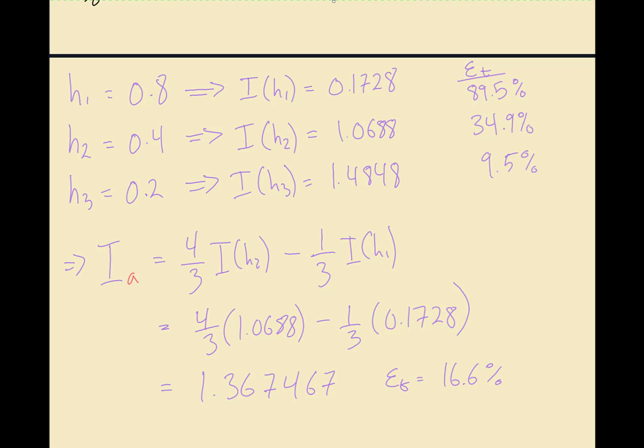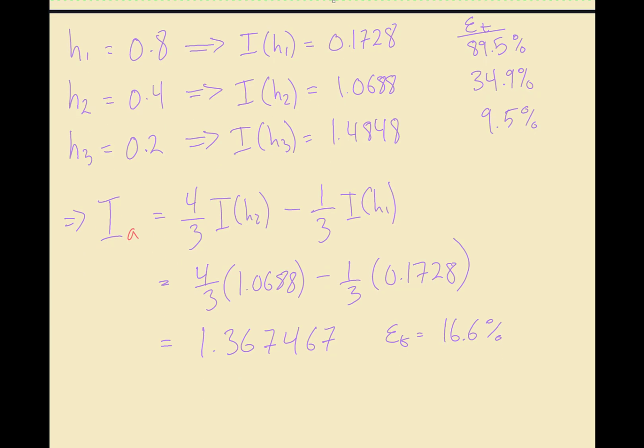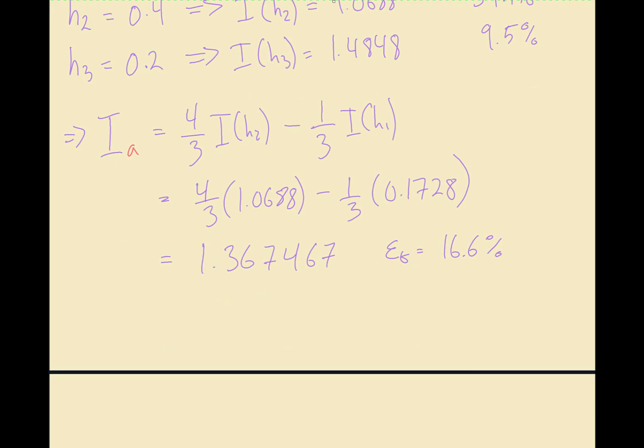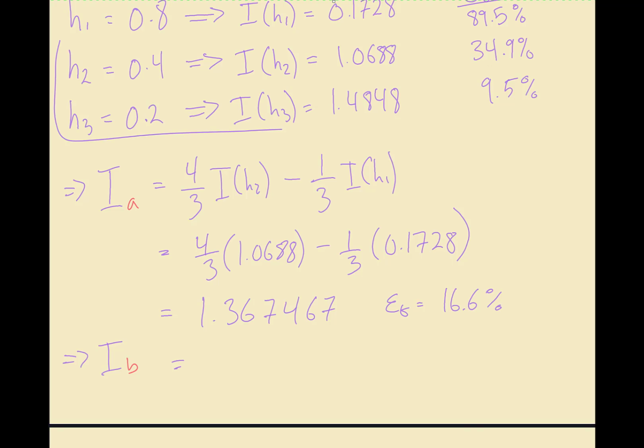So better than these two. And we used those two, right? We didn't use the third one. Let's say we use the more accurate two, so 0.4 and 0.2. So this is going to be called IAB in this case. And we're going to use these two points, right? H3 is the more accurate, and H2 is the less accurate.